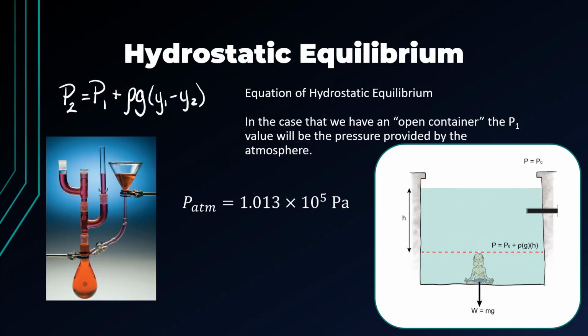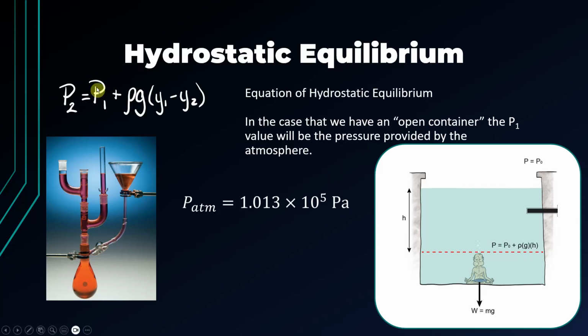So our pressure at point 2 is equal to pressure 1, the pressure at the top, plus the density of the fluid times g times the distance between the top of the fluid and the top of this guy's head, right? So if we have an open container, P1 will always be atmospheric pressure.